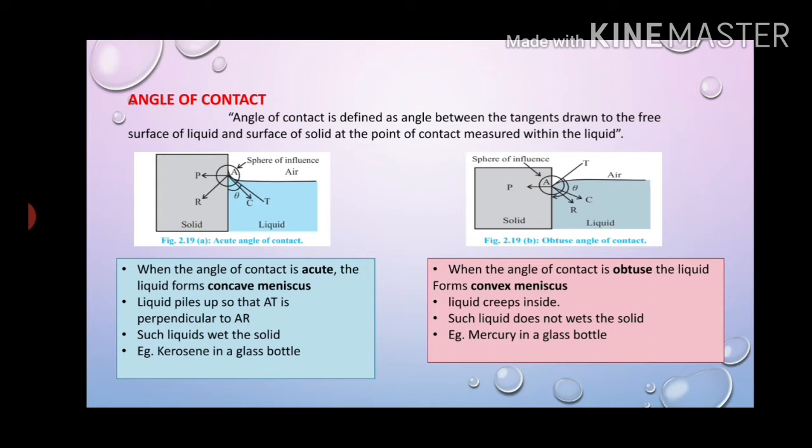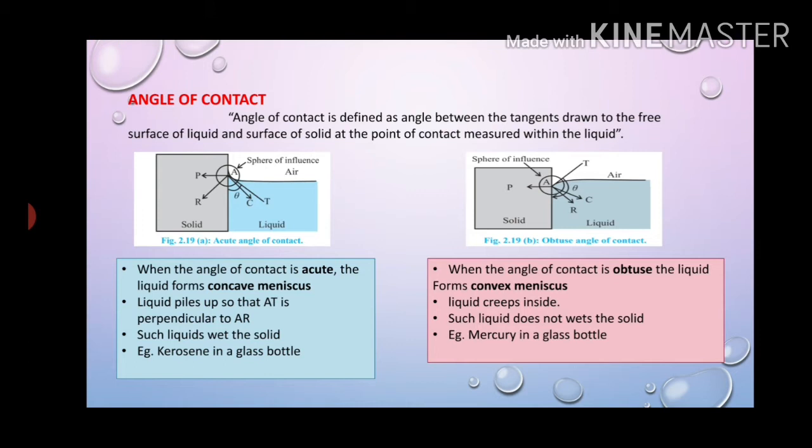Let us see some of the types of angle of contact. It may be acute, it may be obtuse, or it may be zero angle of contact. Let us see the first diagram. When the angle of contact is acute, the liquid will form a concave meniscus.